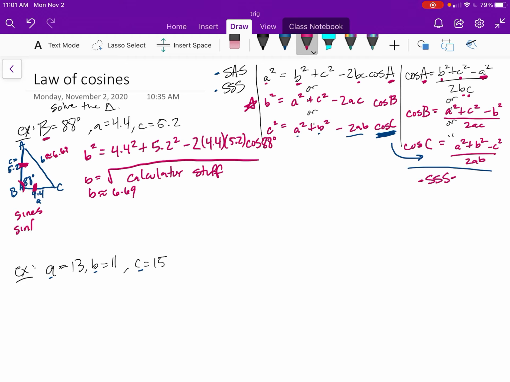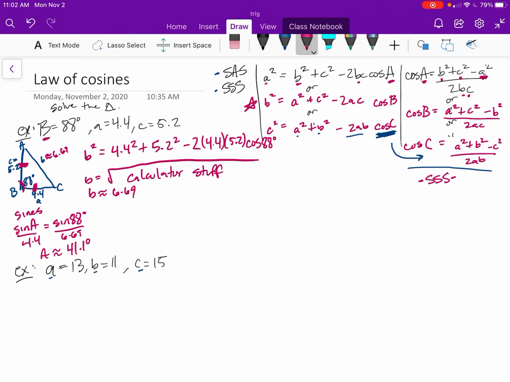Sine A over A equals sine B over B, so sine of 88 over 6.69, about what we just got, right? And then multiply the 4.4 and do your sine inverse, and you'll see that A, I have it written down, sorry, is approximately 41.1 degrees.